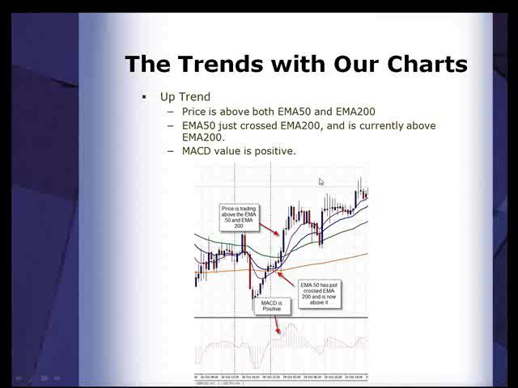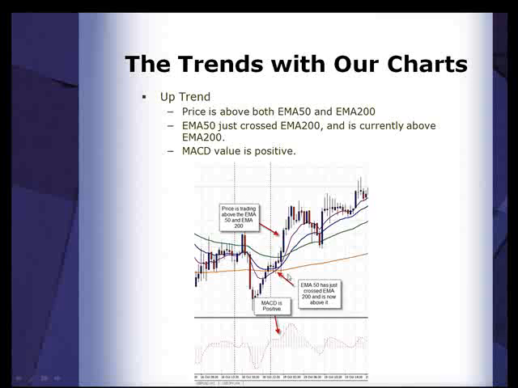And let's just talk about how we determine the trends using our chart. First, we're going to talk about an uptrend. We are in an uptrend when these three criteria are met. The price is above both the EMA 50 and the EMA 200. The EMA 50 has just crossed the EMA 200 and is currently above the EMA 200, and the MACD value is positive.